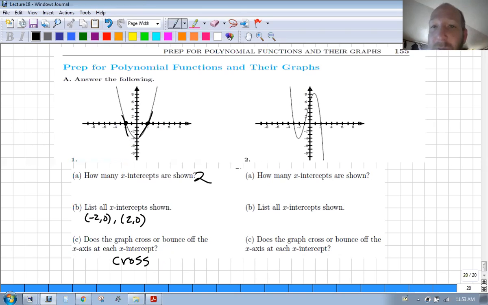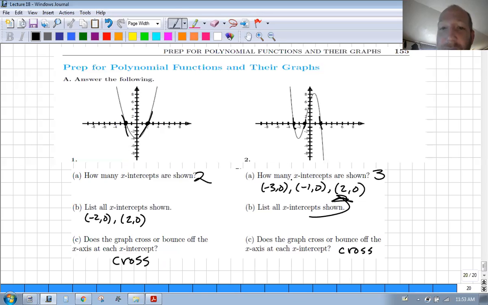All right, number 2, how many x-intercepts are shown? We have 3. We got one at -3, -1, and 2. Does it cross or bounce off? Well, it crosses at each one.